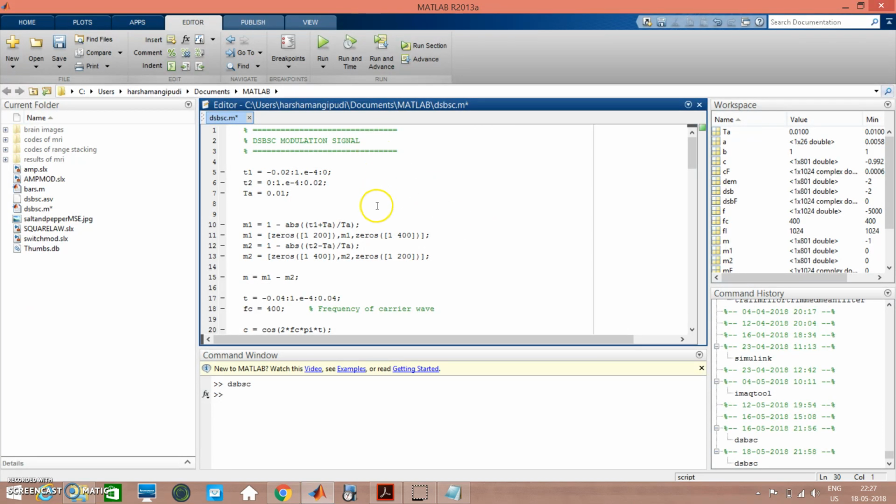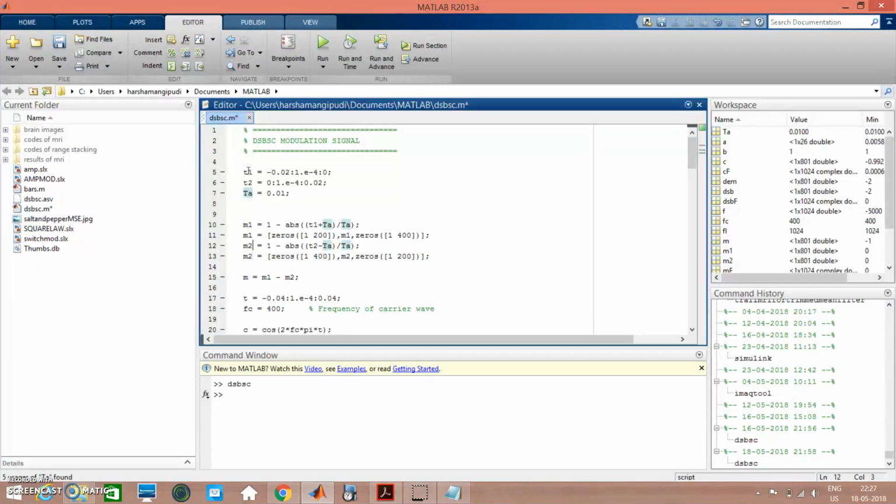Here I have defined the time instants with a time gap of 10 power minus 4, and similarly I've defined other time and a constant TA here. These parameters are for getting the message signal.